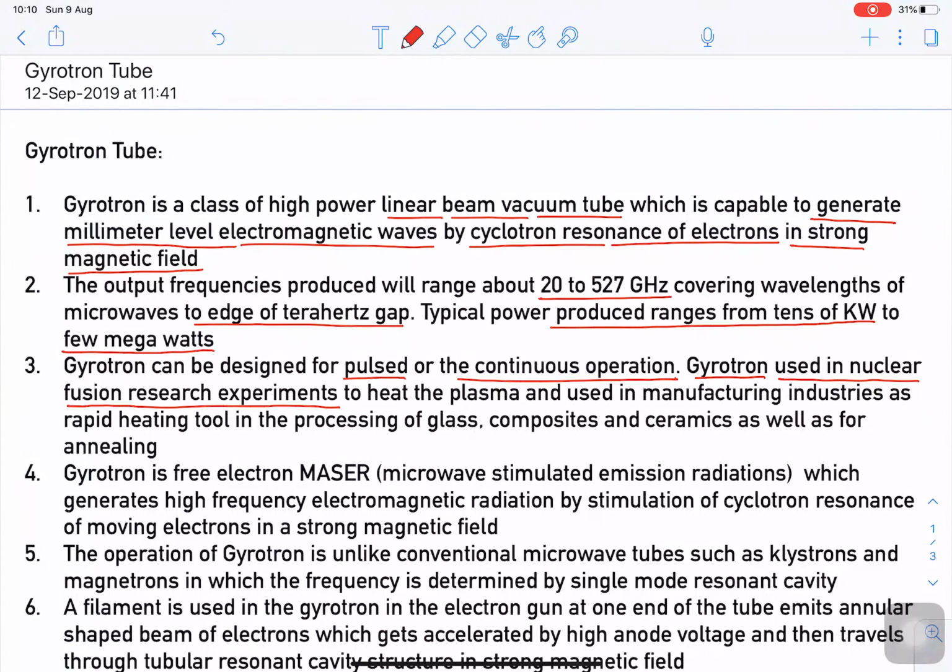In order to perform nuclear fusion operations in laboratories, to heat the plasma material, and to heat materials like glass, composite and ceramic in industries, we require a rapid heating mechanism. For this purpose, we can make use of a very high frequency millimeter wave signal operating at a very high power level, and that can be conveniently generated by making use of a gyrotron tube.